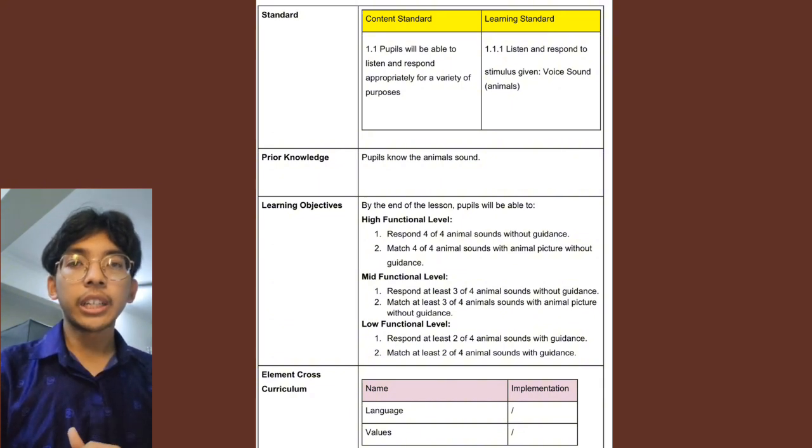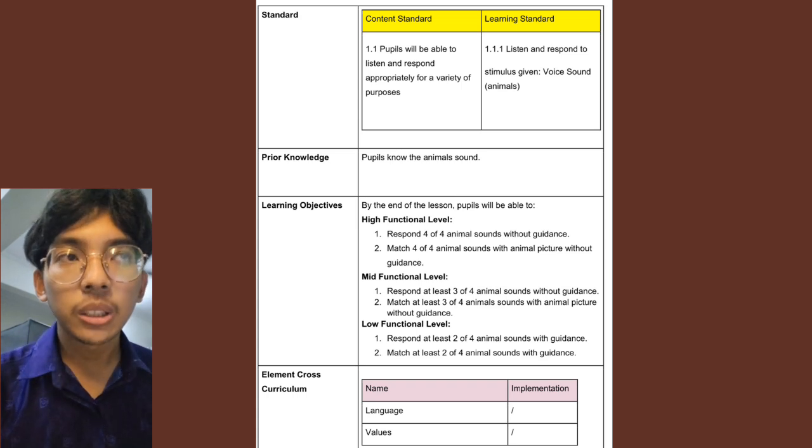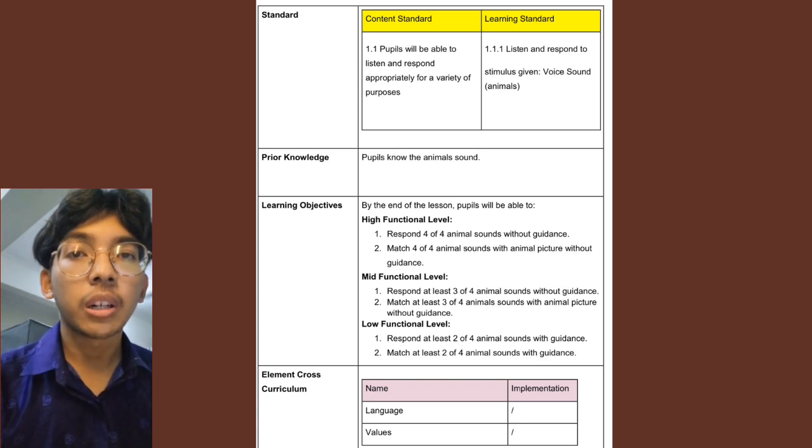And for the learning objective, I give it to the 3. Let's see the first one, the high functional level. By the end of the lesson, pupils will be able to respond to 4 of 4 animal sounds without guidance and match 4 of 4 animal sounds with animal pictures without guidance.